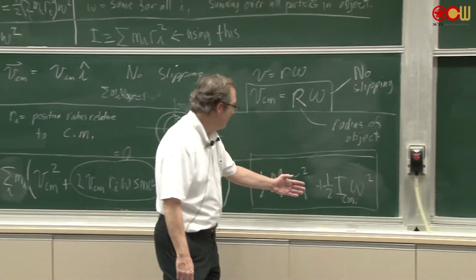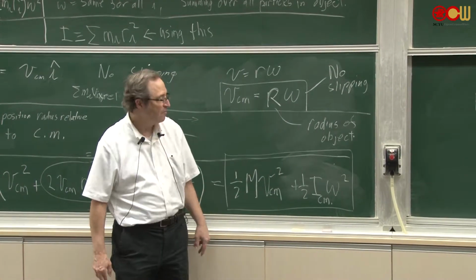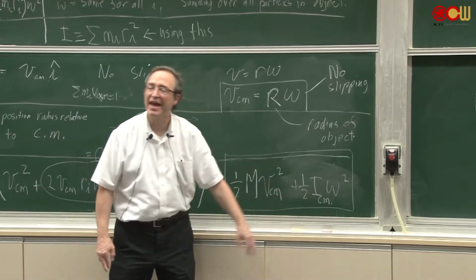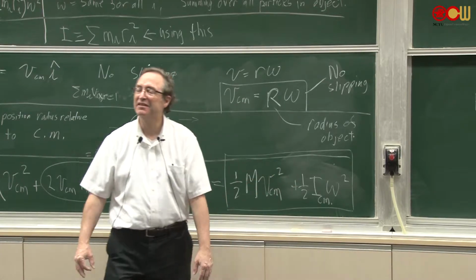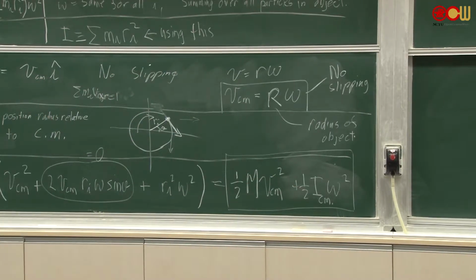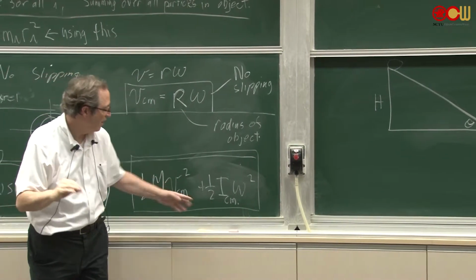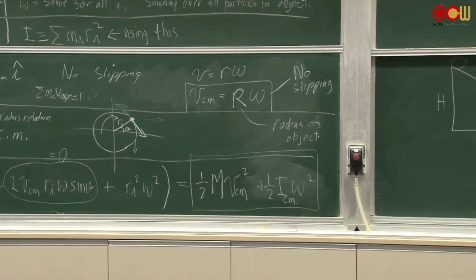We know that for the box, we just set this equal to mgh. But now for the rolling guy, we have to set this whole thing equal to mgh. So since we're adding to this, that means the velocity is going to be smaller. And we can always write this omega in terms of V center of mass over R. It's just going to make it clearer.